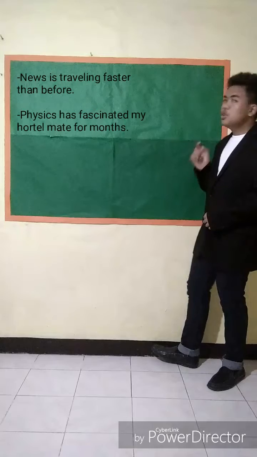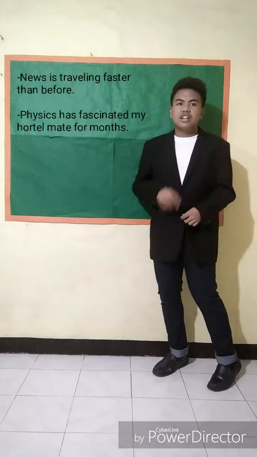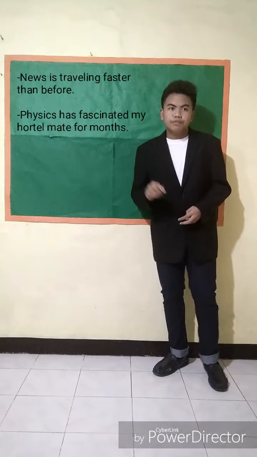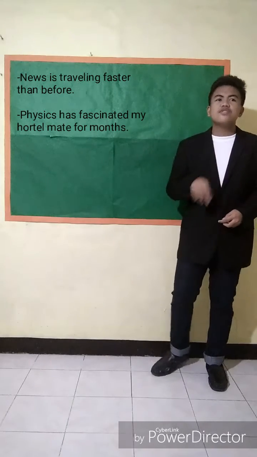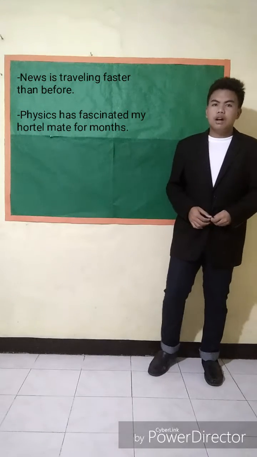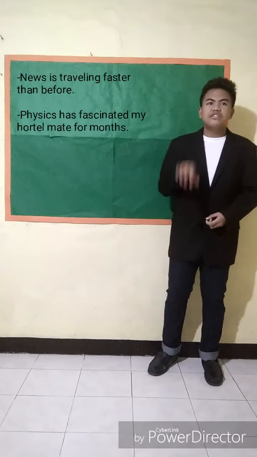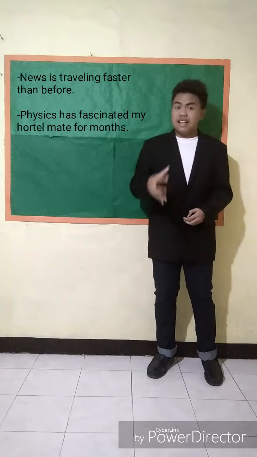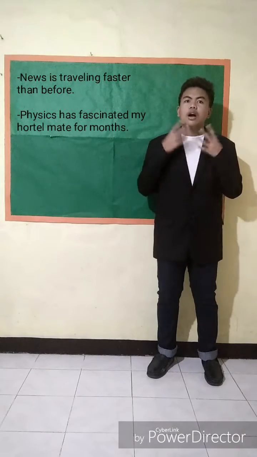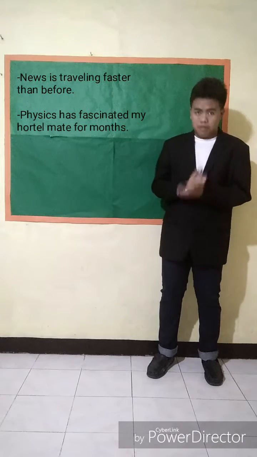For example, news is traveling faster than ever before. They're using news in the sentence. Another, physics has fascinated my brother for months. So the singular verb has is used with physics. So that's the rule number 8, plural in form but singular in meaning.